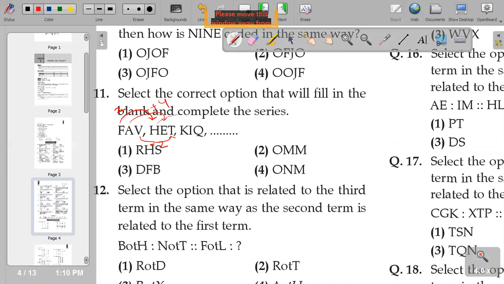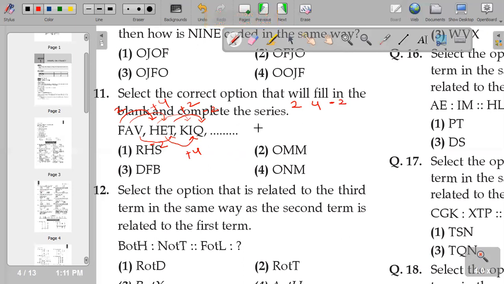Again we check if the same logic continues. G H, I J K, plus 2, it is going on good. E to I: E, F, G, H, I, plus 4. Very good. Again T to Q, we have to subtract minus 2, so it will be Q. So the logic is: at first adding 2, then 4, then subtracting 2.